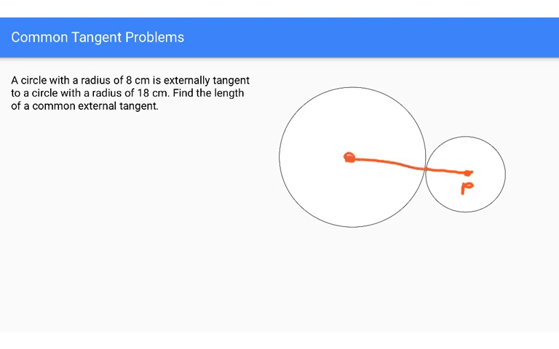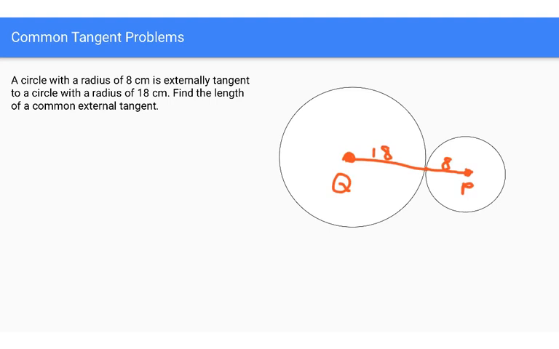Do I know how far apart Q and P are? Well, actually I do, don't I? It didn't tell me exactly how far apart, but I know what the radii are. I know this is 18 and this is 8, so I absolutely do know what QP is.